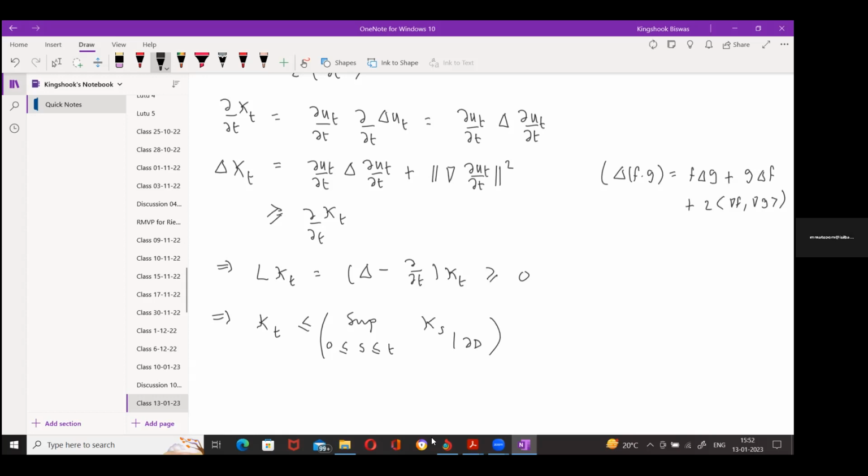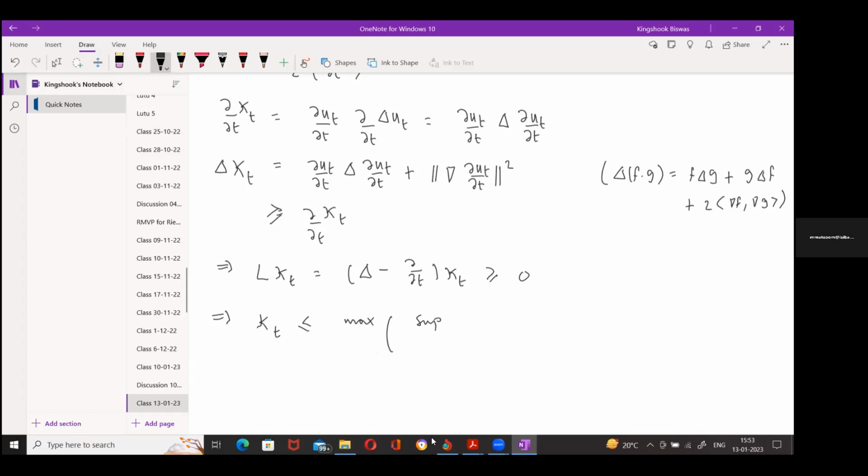So this is less than or equal to the max of, so I have to take the supremum over the parabolic boundary.